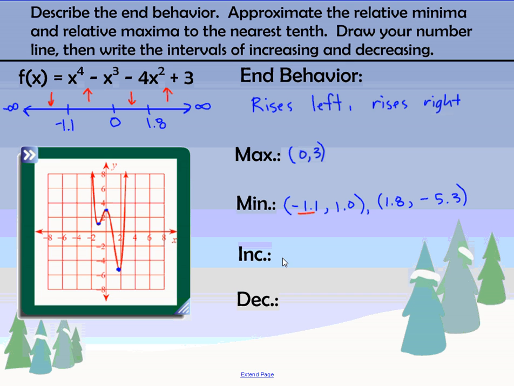Now I'm ready for my intervals of increasing and decreasing. Increasing is all of the up arrows. My first one is between negative 1.1 and 0. I also have an up arrow from 1.8 to positive infinity.